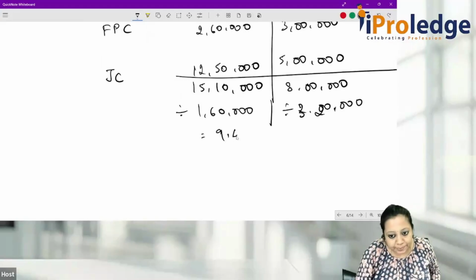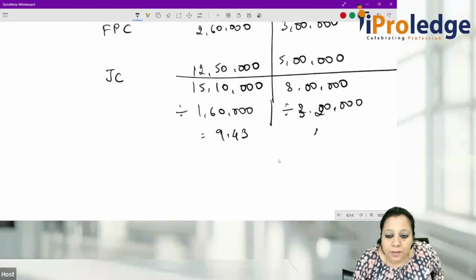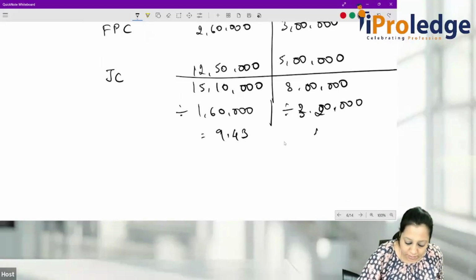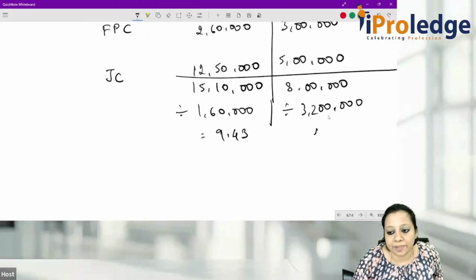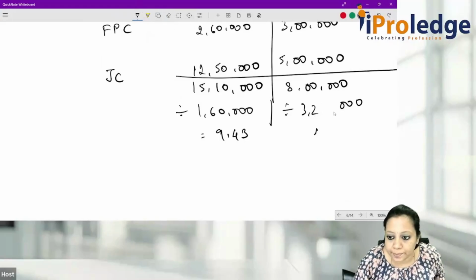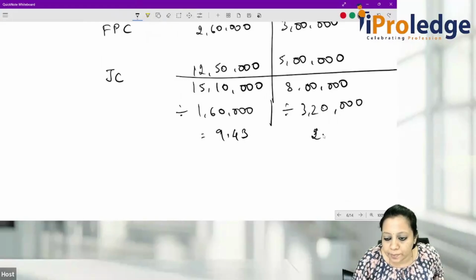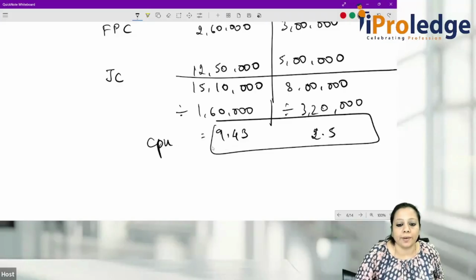And 8 lakhs divided by 3,20,000, 2.5. This is the cost per unit.